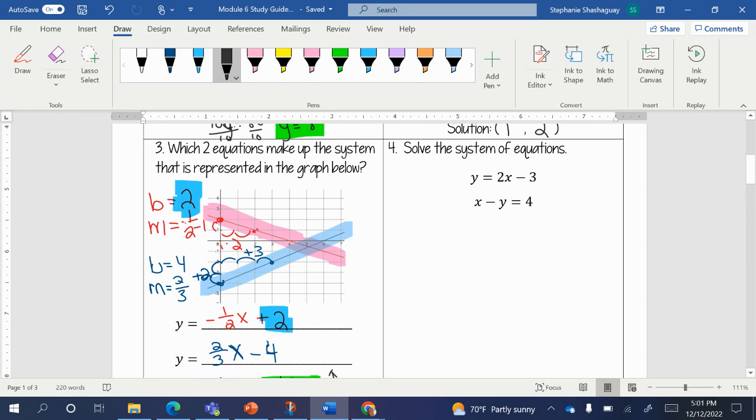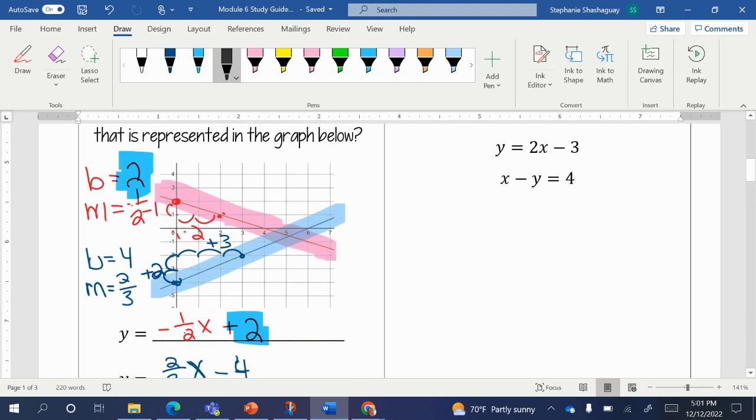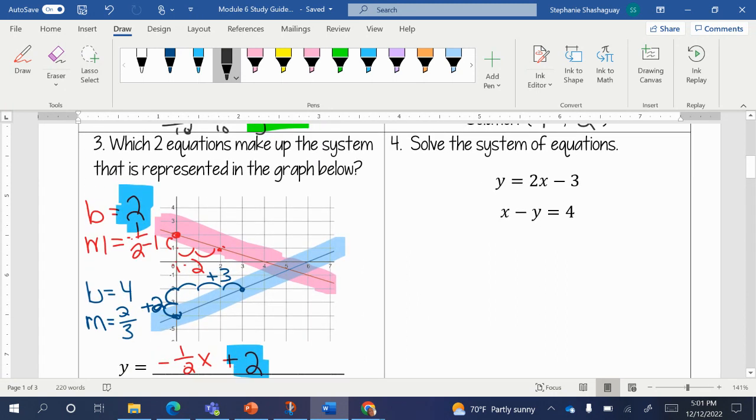Okay, question 4, we need to solve the system, and I recommend using substitution because y is equal to 2x minus 3. I'm going to substitute in 2x minus 3 for y and then solve for x. So x minus 2x minus 3 is equal to 4.